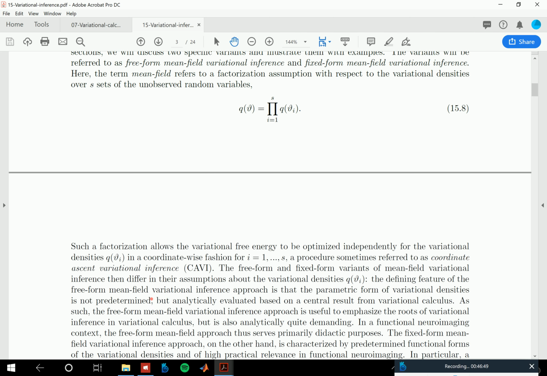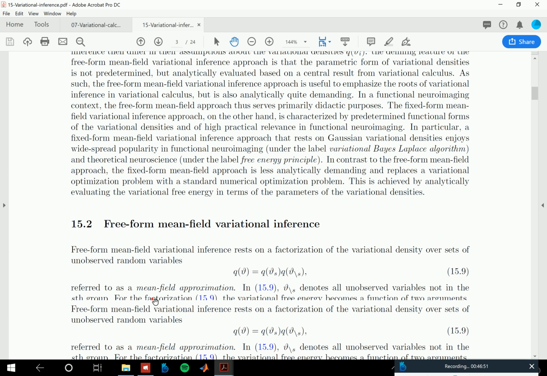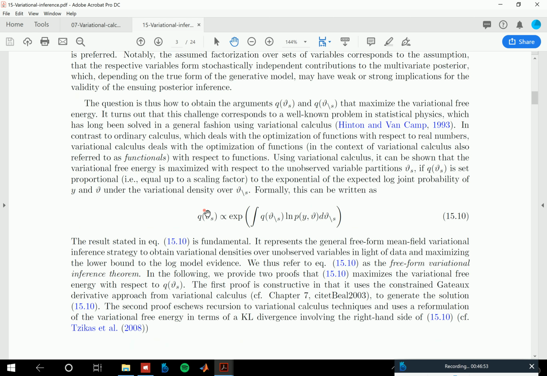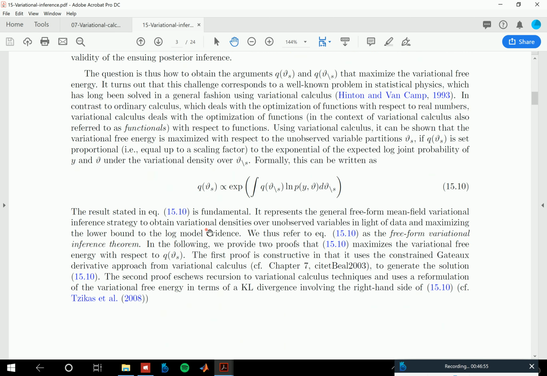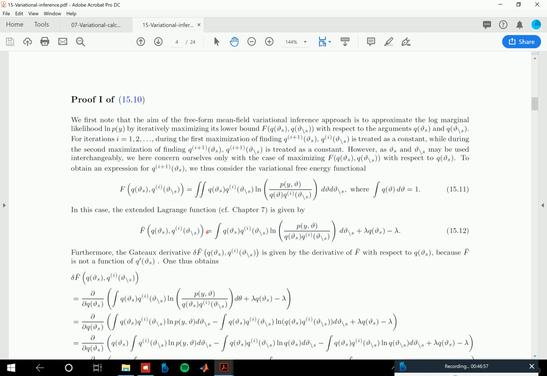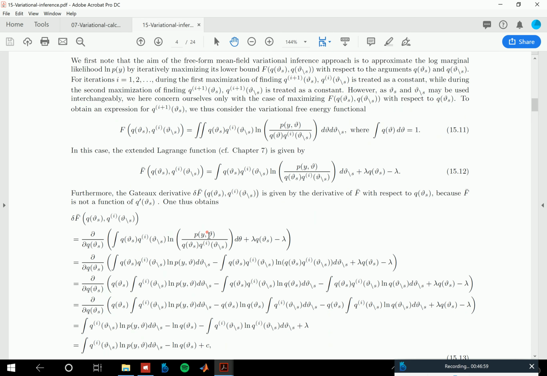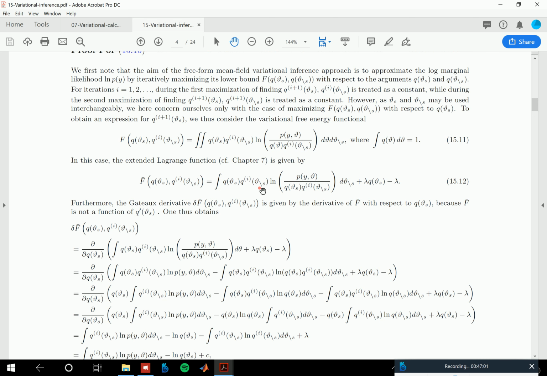So the problem is we want to maximize the variational free energy integral with respect to a function, namely our variational distribution. And this can be cast as a problem in variational calculus with an additional constraint, namely that the variational distribution integrates to 1.